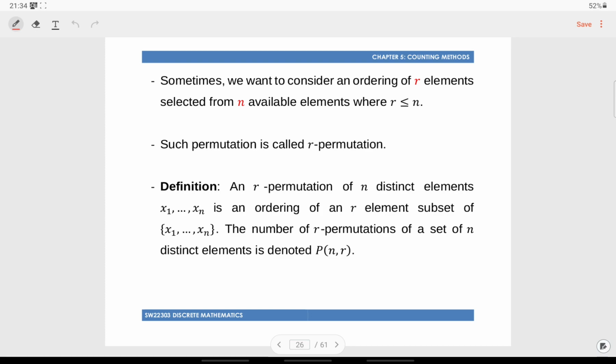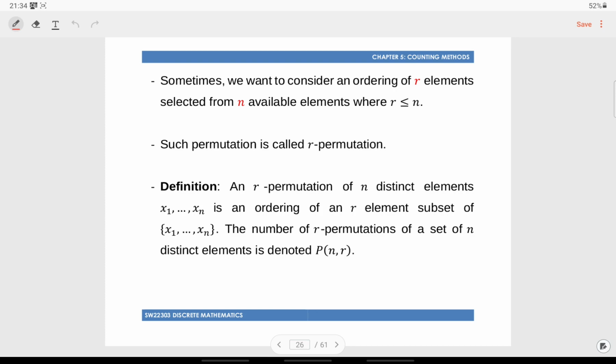Such a permutation is called an r-permutation. This is the definition of the r-permutation: an r-permutation of n distinct elements x1 up to xn is an ordering of an r-element subset of x1 up to xn.